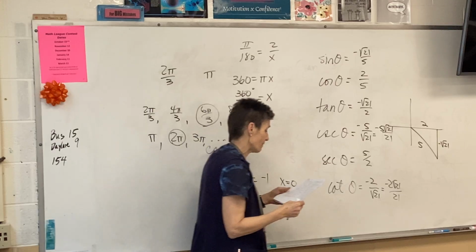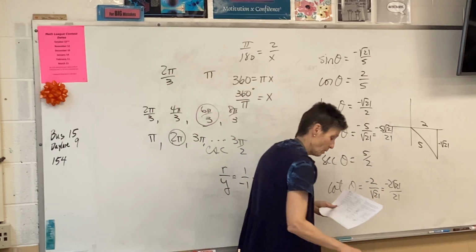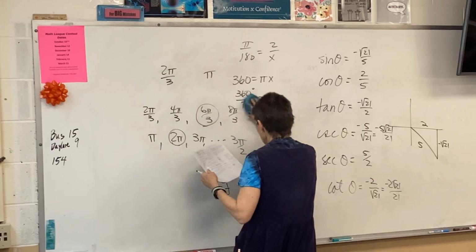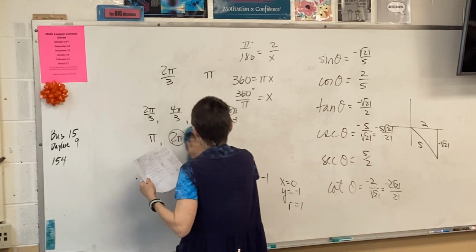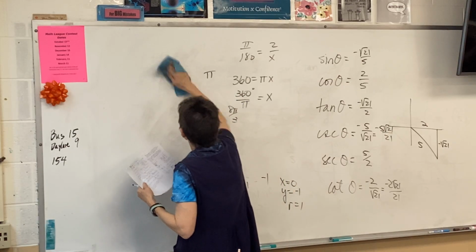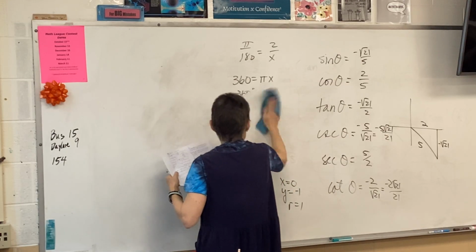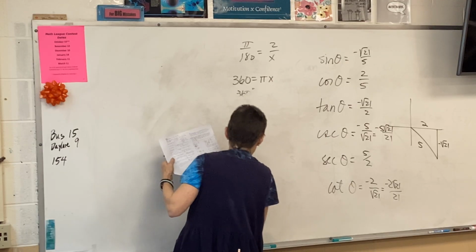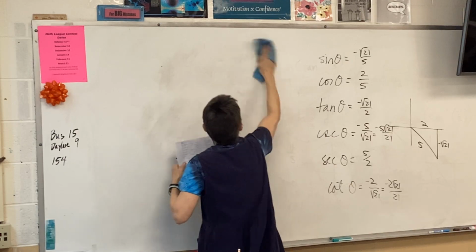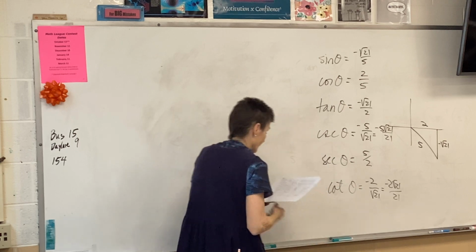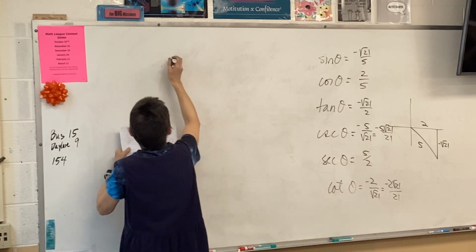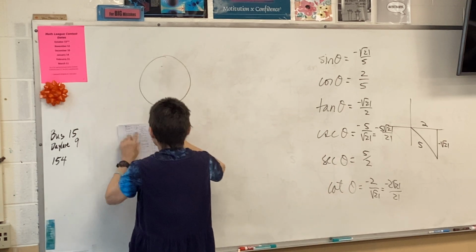All right, number 7. 3-part question. What's going on there? Looks like I'm going to be doing some arc length. So what have I got?